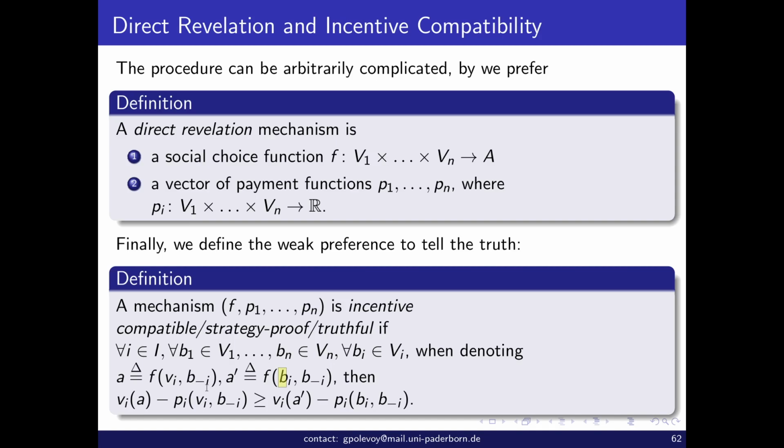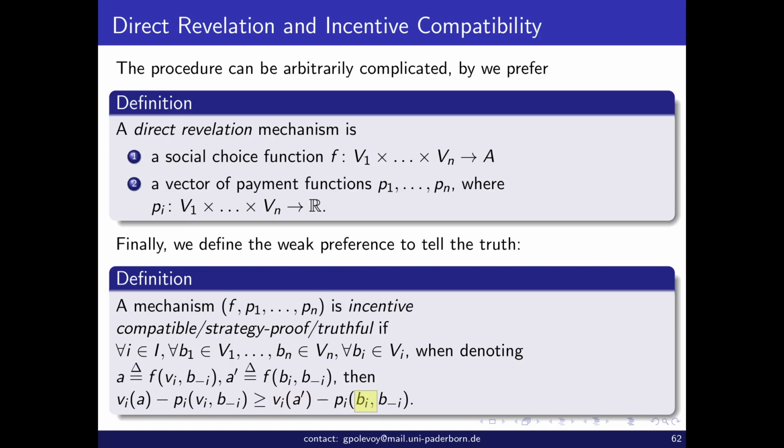So what is shown: the value the player gets from this A, which is the option when she bids the truth, minus the payment she has to pay when she bids the truth, while the rest bid as usual, b minus i, is at least as large as what the player would get from A prime minus the payment she would pay when she bids b_i.